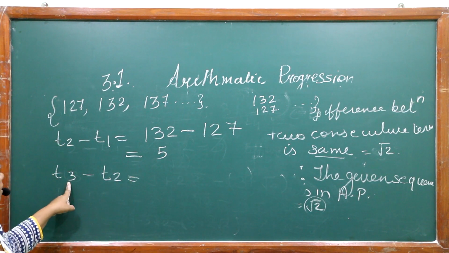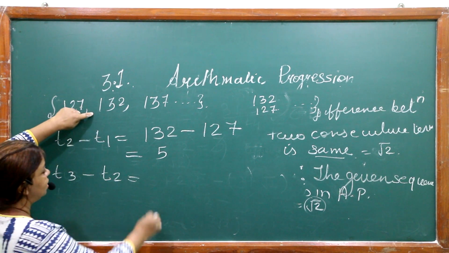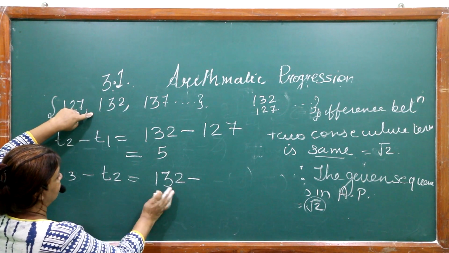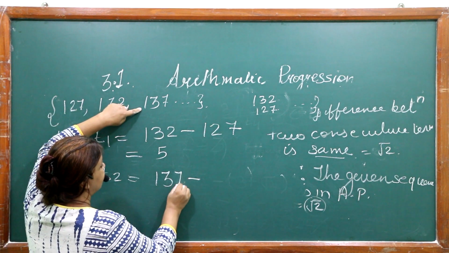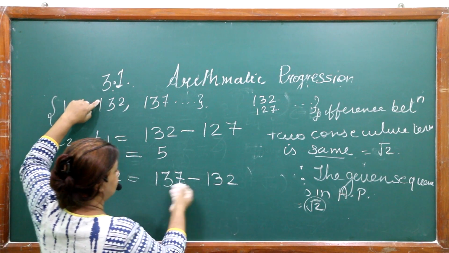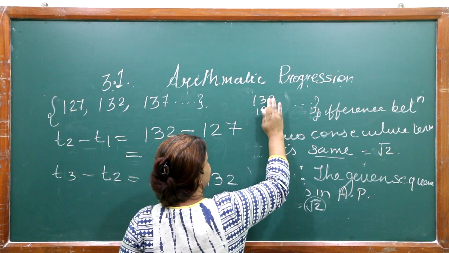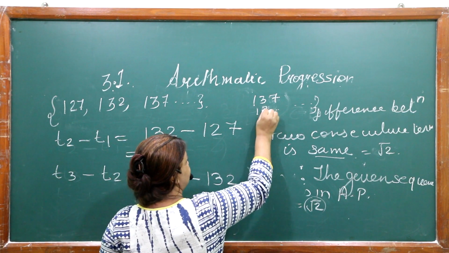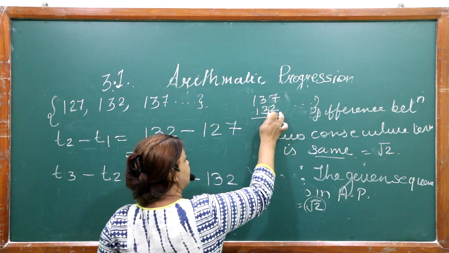Now here, term 3 minus term 2. Term 3 is 137 minus term 2, 132. So 137 minus 132, 37 minus 32 is 5.